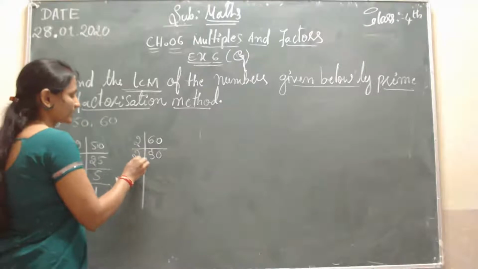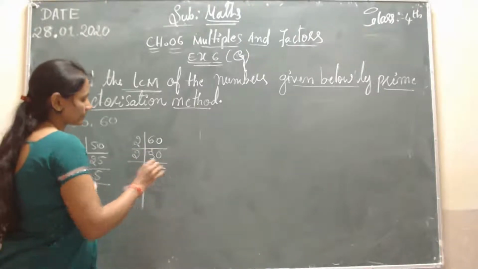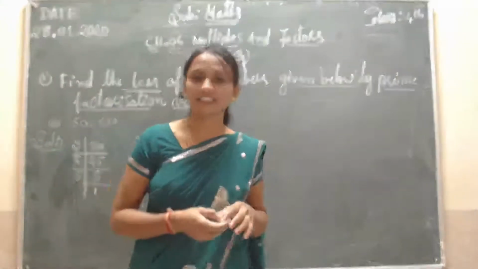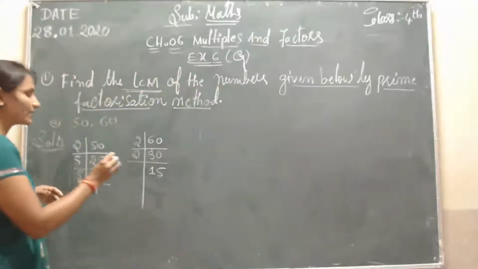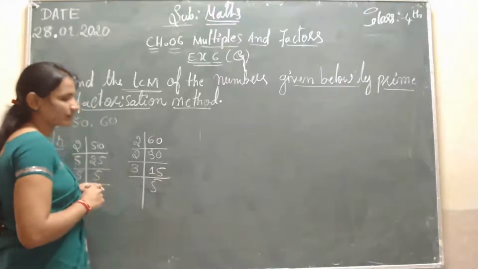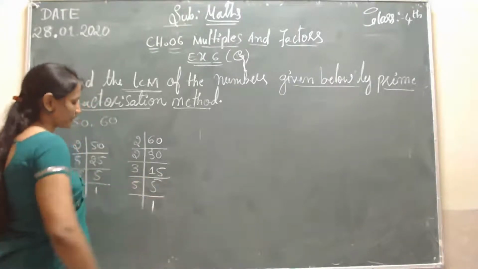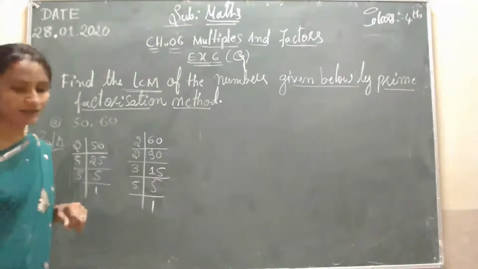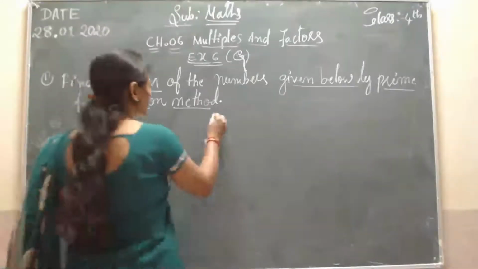Next divide by 2 again: 2 fives are 10, 2 ones are 2, giving 15. 15 is not divisible by 2, so take 3. 3 fives are 15. 5 is not divisible by 3, so take the number itself, 5. 5 ones are 5. So these are the prime factors of 60.